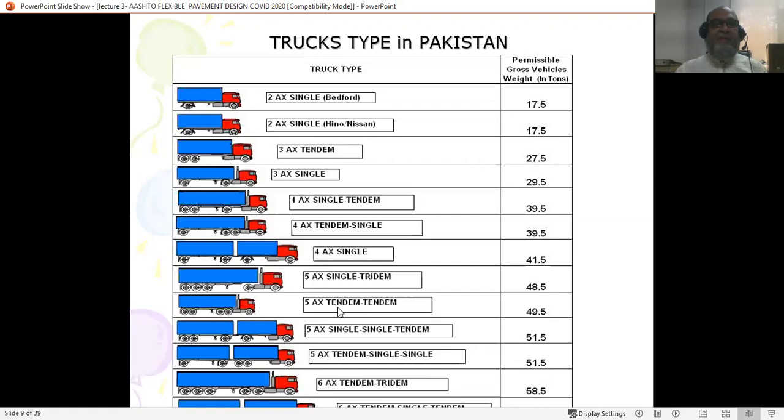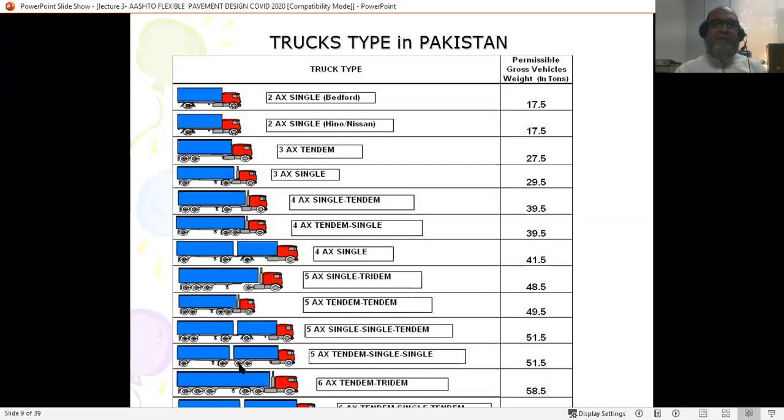Then there is a vehicle called single axle, tandem, and tandem axle. Again, there are five axles: 1, 2, 3, 4, 5. Then there is the five-axle single tandem: one single, and then tandem. Then there is the five-axle tandem single.